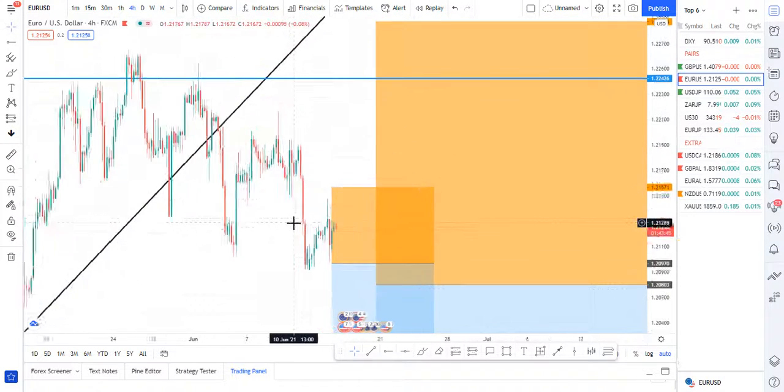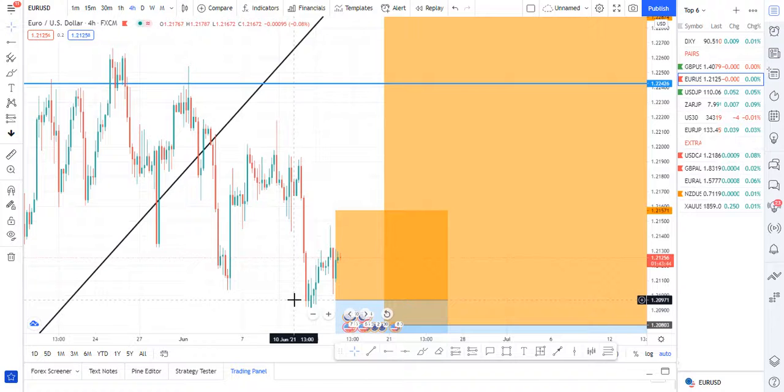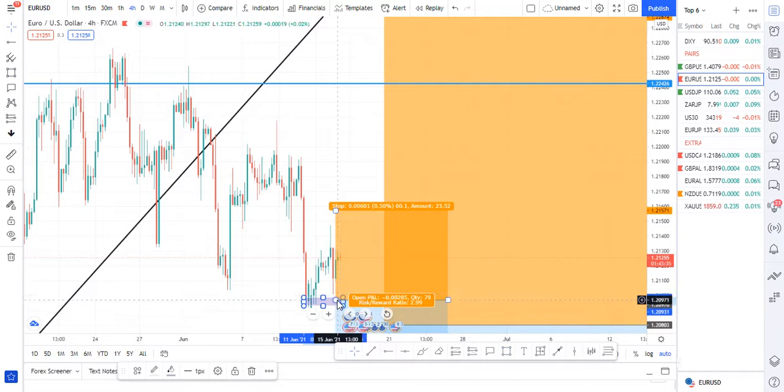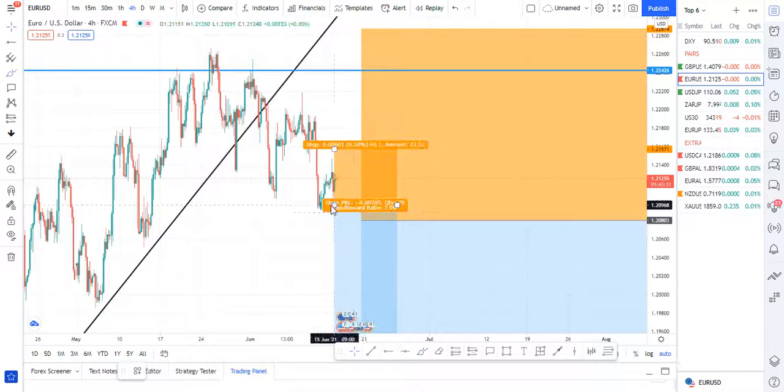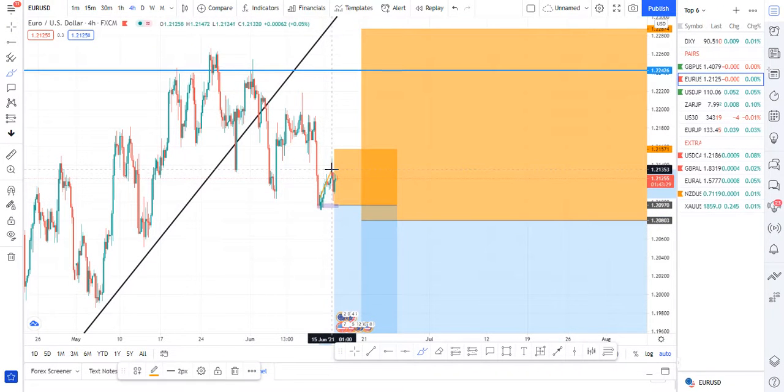But the problem with this one is it might come and respect this area, right? Go up, down, and come back again and extend its correction, you know.